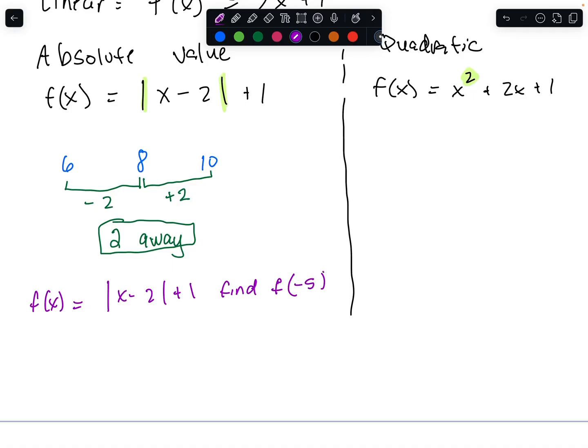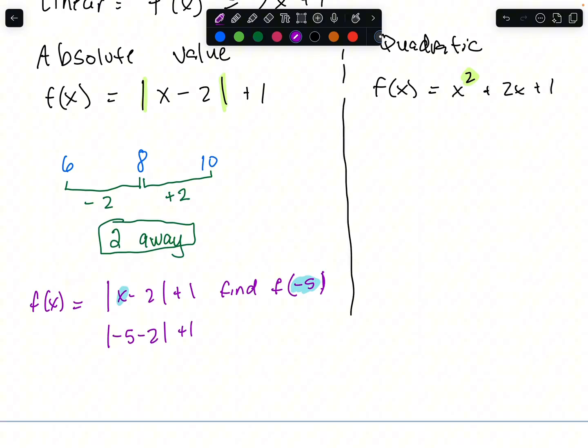Okay? So what happens is we have to put this -5 right here. So that means the absolute value of -5 minus 2 plus 1.